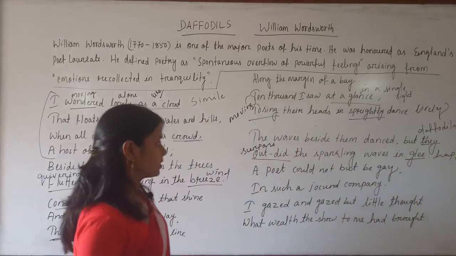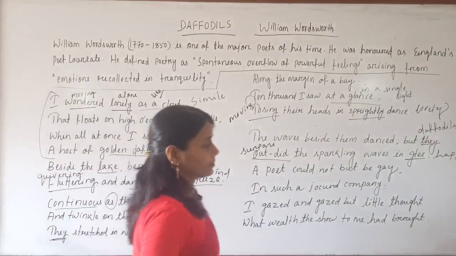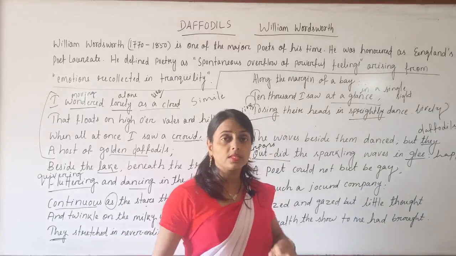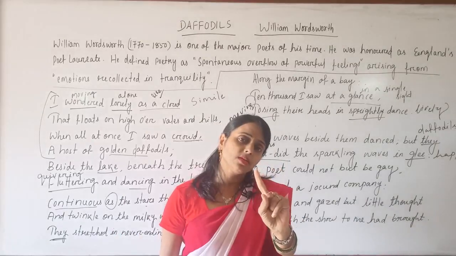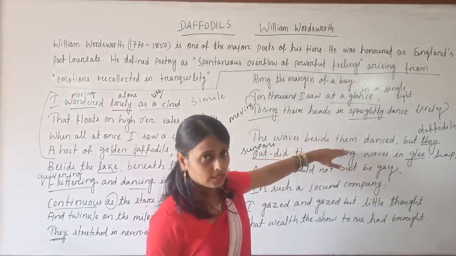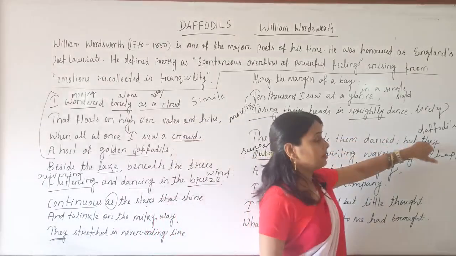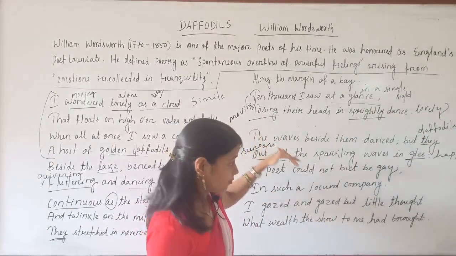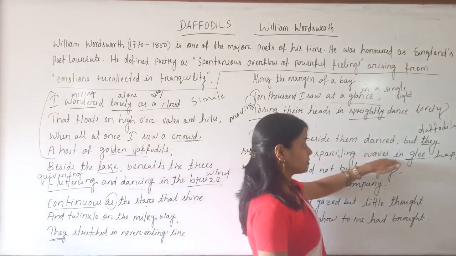Okay, try to understand what is written. The waves beside them danced means here the poet has spoken that there is a comparison between the dancing of the daffodils and the dancing of the waves. The waves were also dancing beside them, but they, meaning daffodils, outdid, surpassed, defeated the sparkling waves in glee.